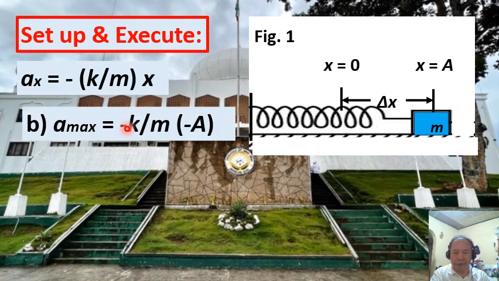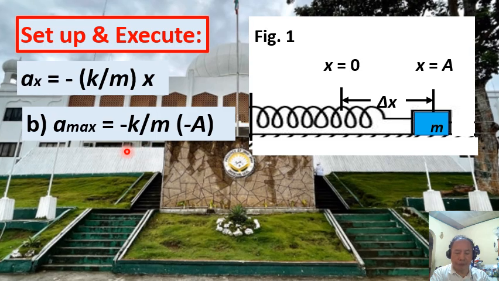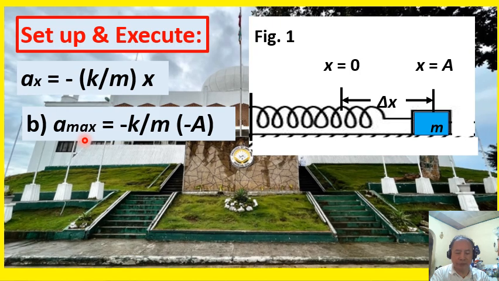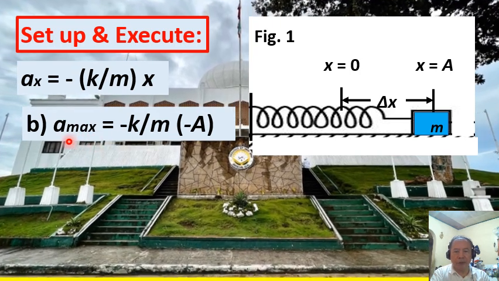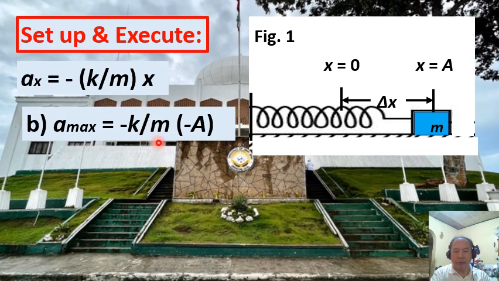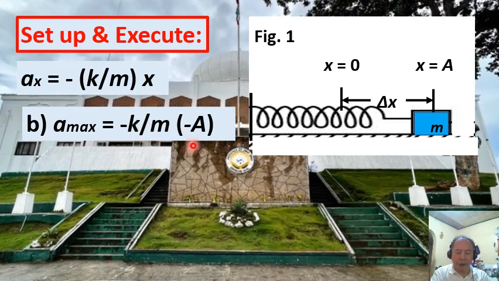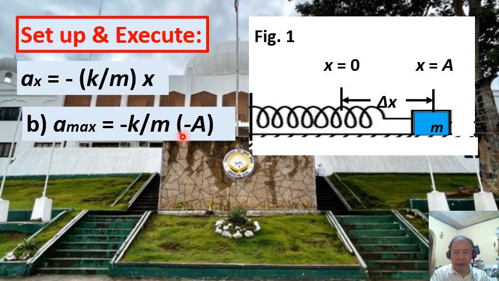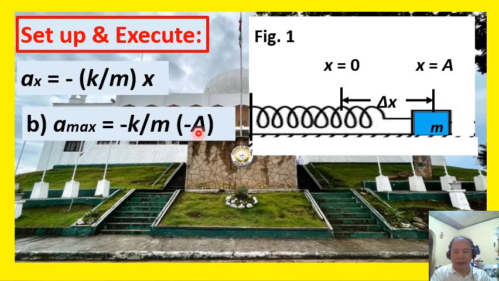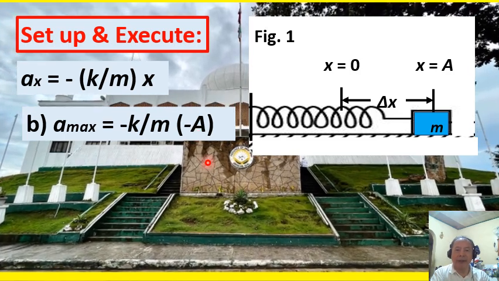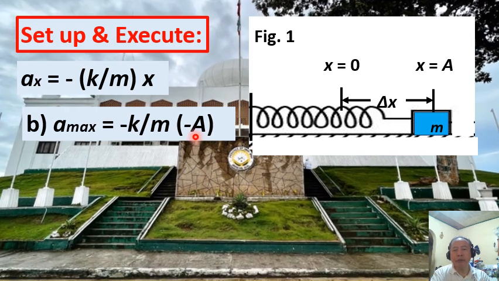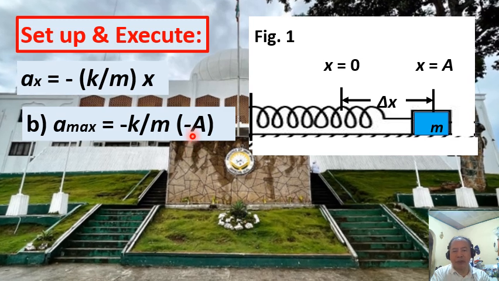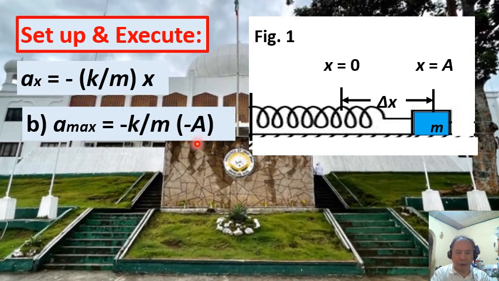So in part B, computing the maximum acceleration, a sub max, we use the formula a max equals negative k over m multiplied by negative A, where negative A is considered the amplitude corresponding to the maximum negative displacement.